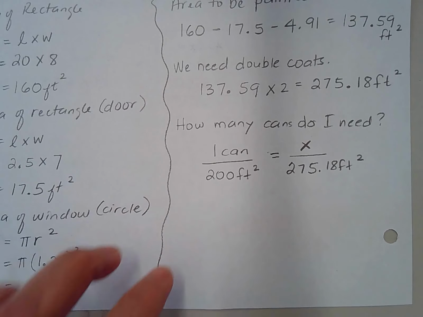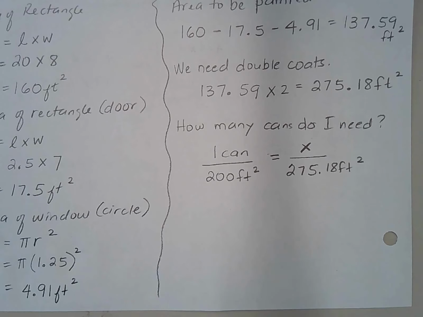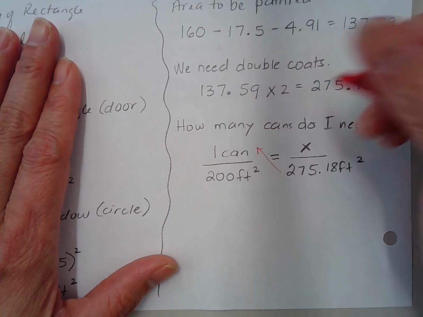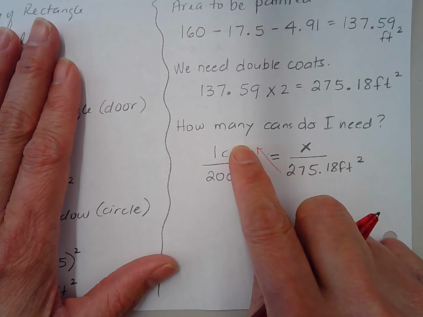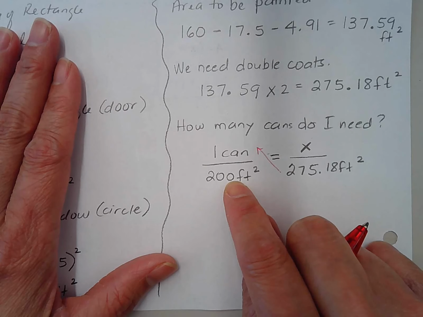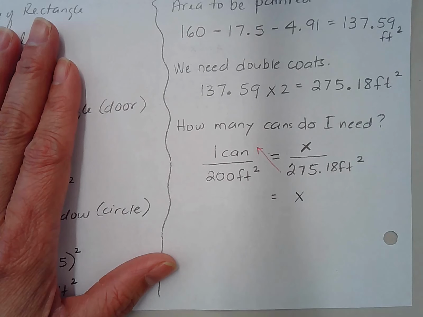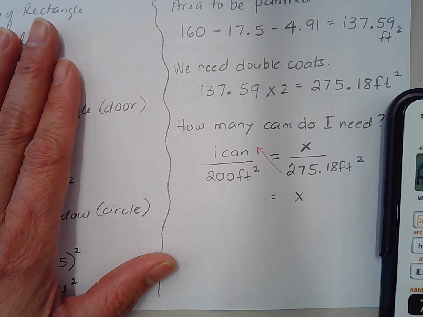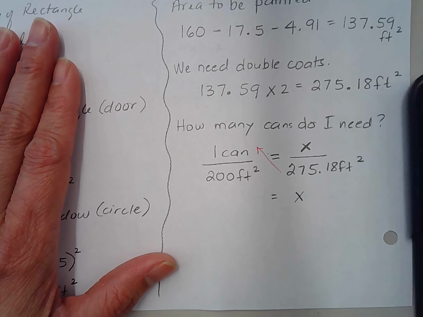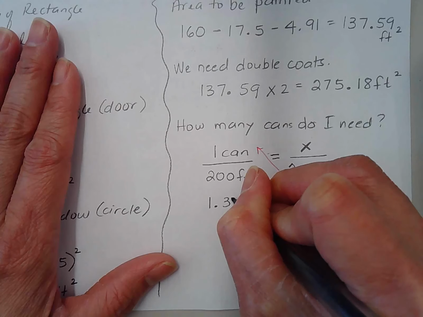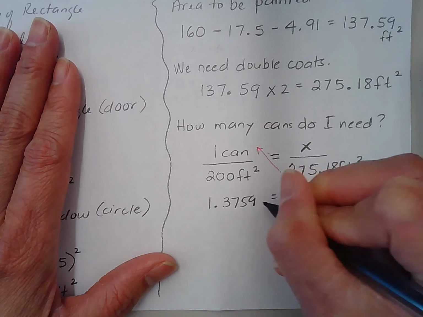So we're going to cross multiply there, right? This crosses to multiply with 1 divided by 200, and you're going to get 1.3759.